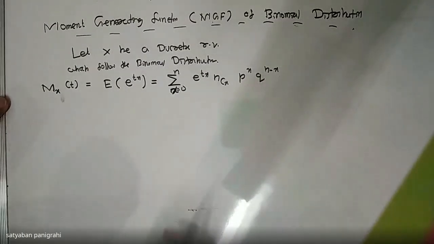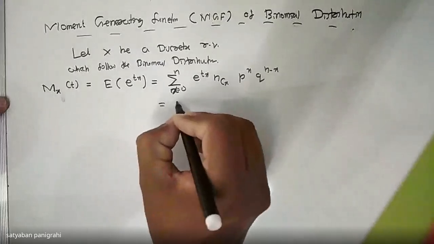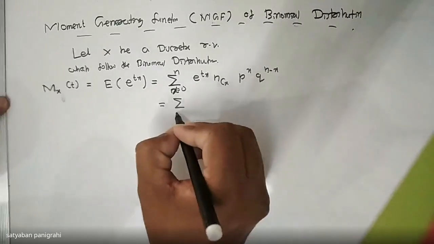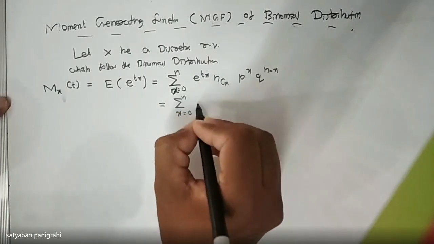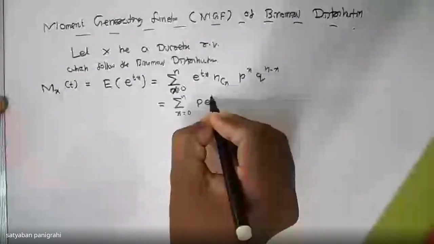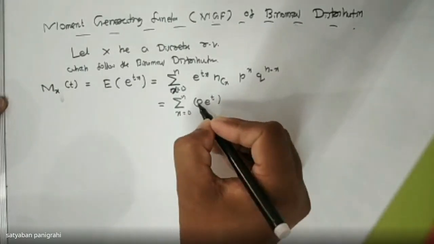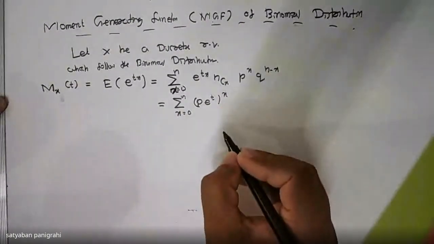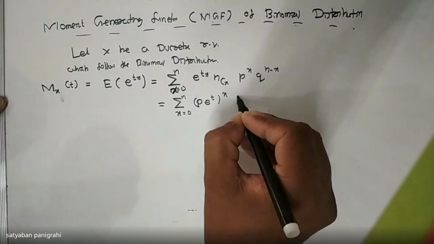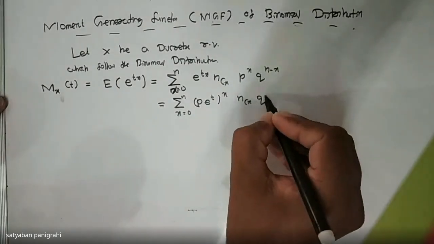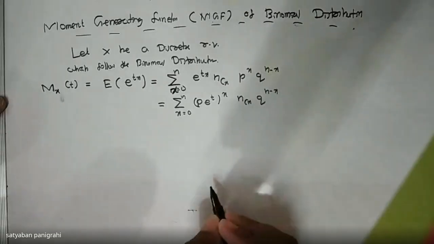Okay, so this will be summation x equal to 0 to n of (p e to the power t) to the power x with nCx q to the power n minus x.